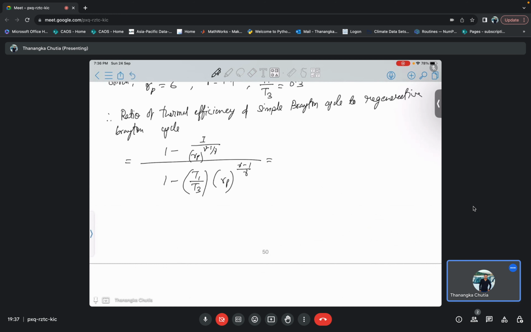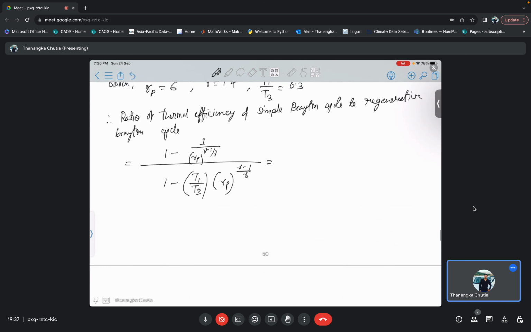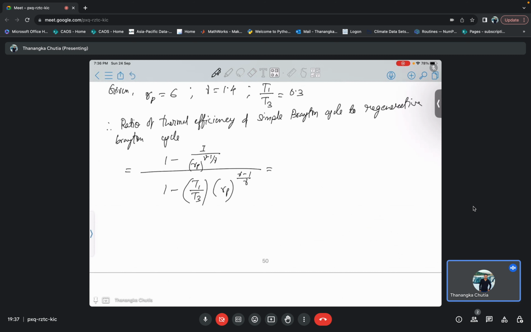What is Rp? 6 to the power 0.4 by 1.4, so that is 1.6690 and this is 1 minus 0.3 into 6 to the power 0.4 by 1.4.